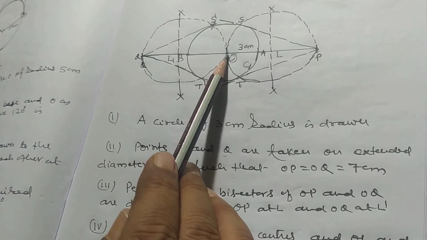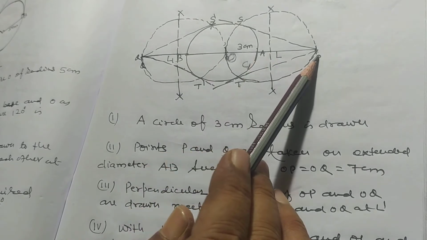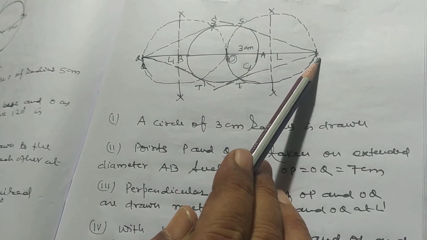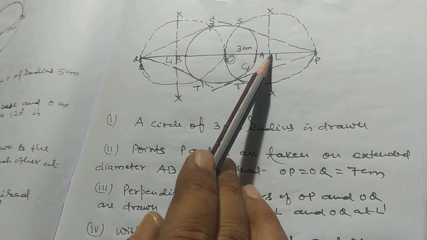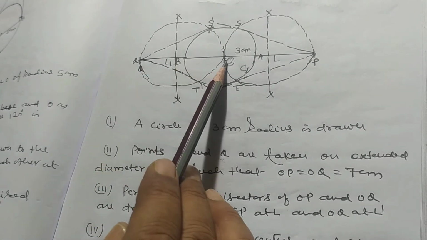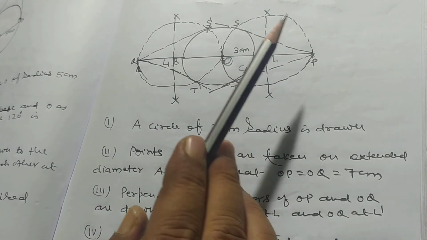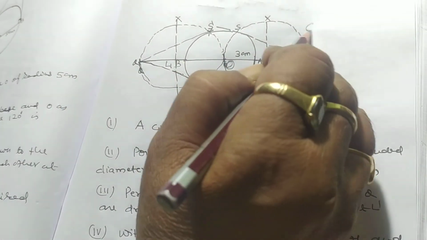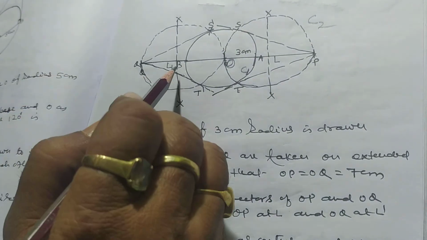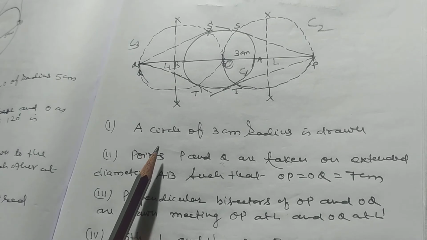We take perpendicular bisector of OQ and also perpendicular bisector of OP. Suppose foot of the perpendicular bisector of OP is L and foot of the perpendicular bisector of OQ is L dash. So considering L as center, we consider circle C2, and considering L dash as center, we consider circle C3.